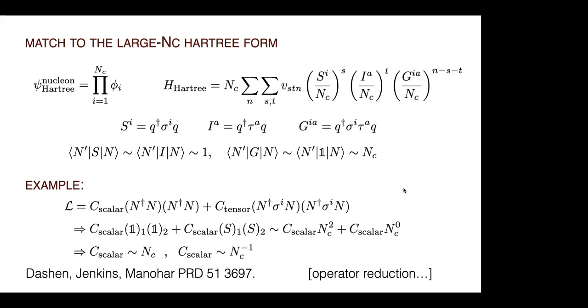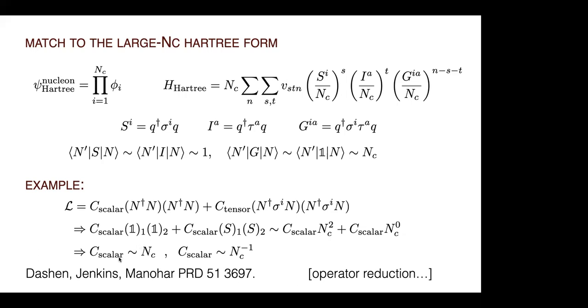And so in mapping this, in this instance, the Lagrangian you're walking in with is these 2 operators, one with the scalar and one tensor, and matching that to this large N_C Hartree form. The matching is done by absorbing the counting in the coefficient. So that is how it comes about when you match to this Hartree form.